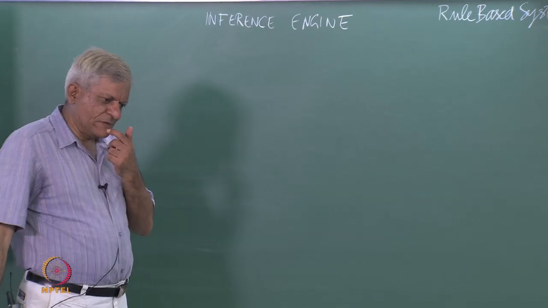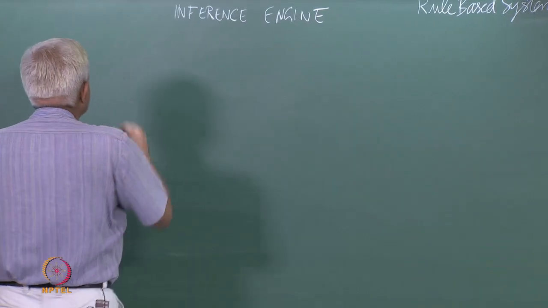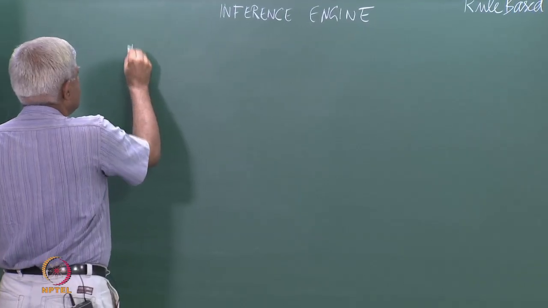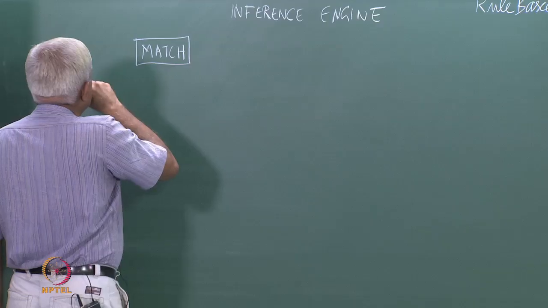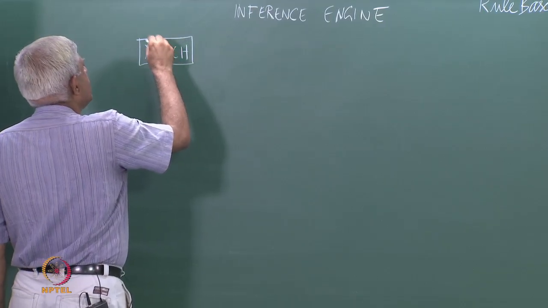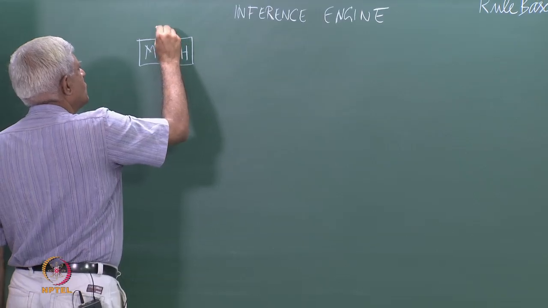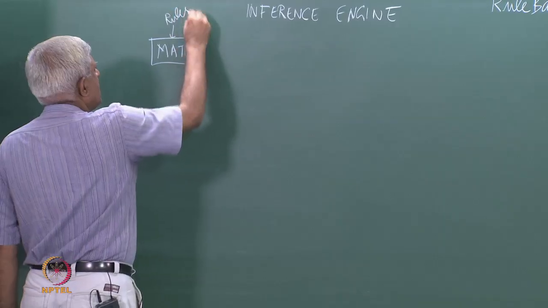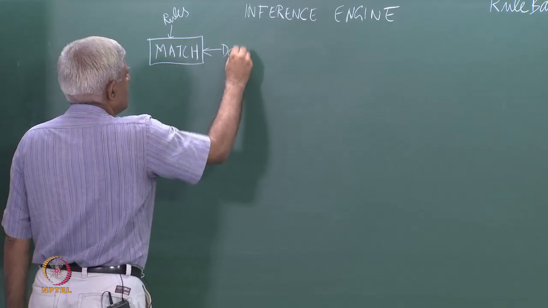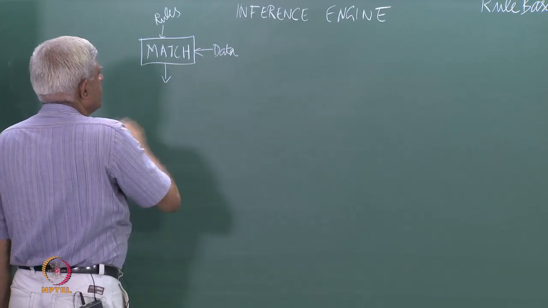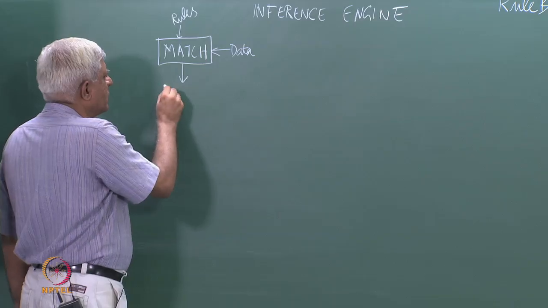Okay. So, the inference engine is basically a program which works in 3 phases. The first phase is called match, and what it takes as input is a set of rules and some data, and produces a set of matching rules, which in their terminology is called the conflict set.